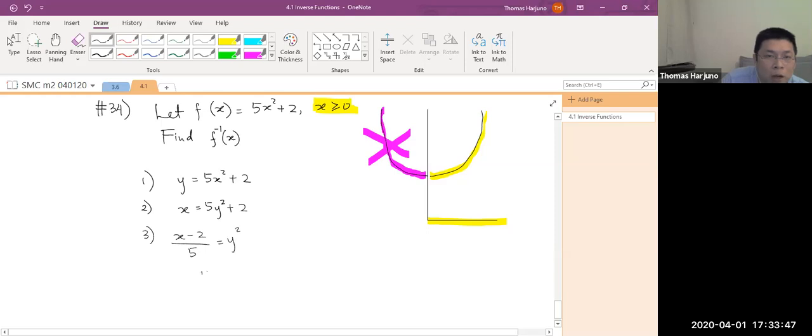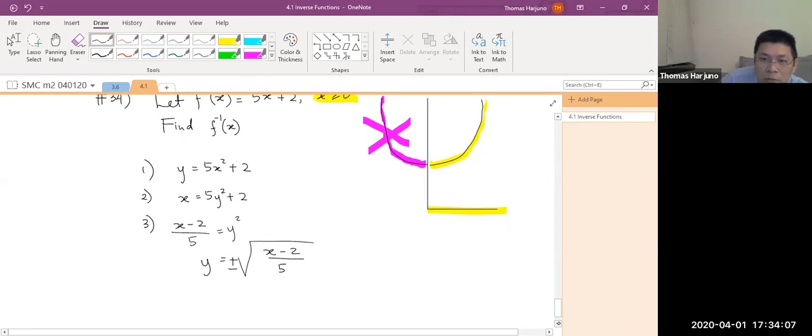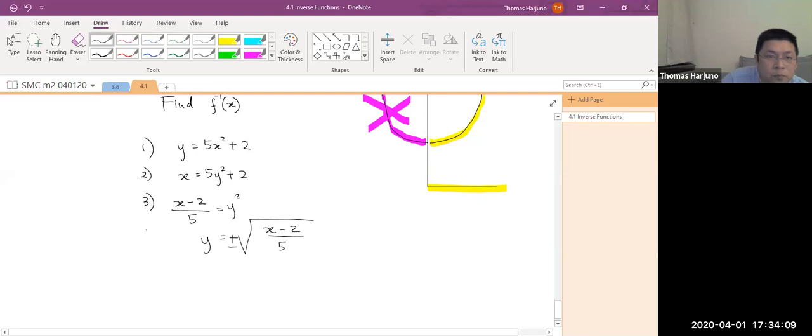So y equals the square root of (x minus 2) over 5. Now, when I apply the square root property, then I'm supposed to put plus or minus here. Is that right? But once I put the plus or minus there, notice that, is it a function? If it were a function, then I have the right to use inverse function notation.